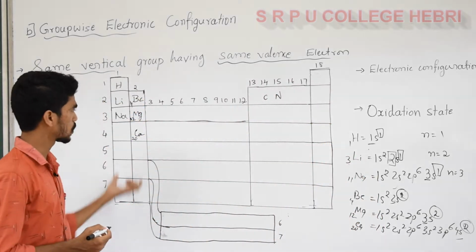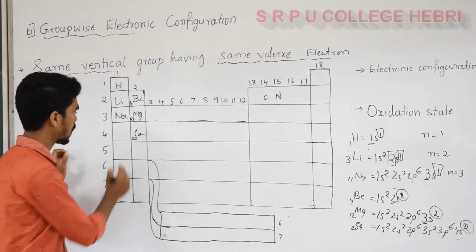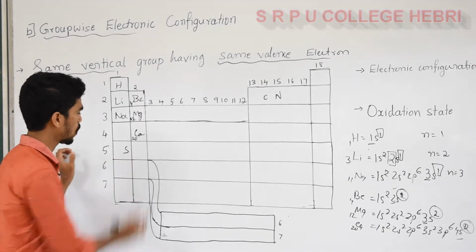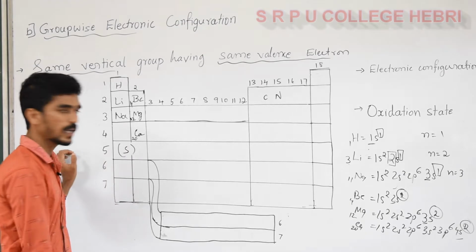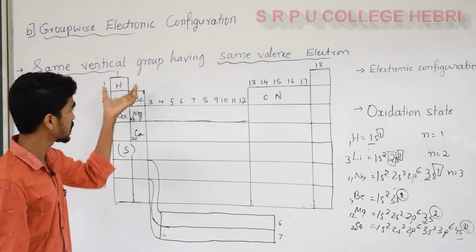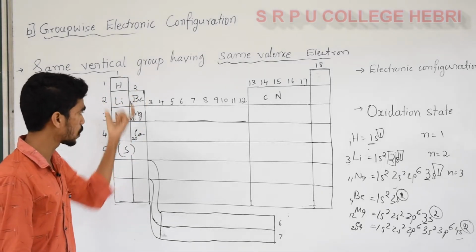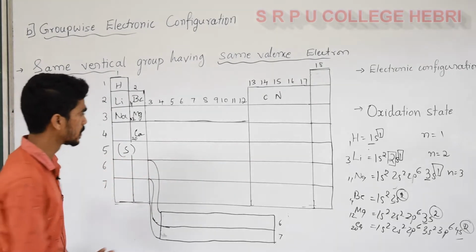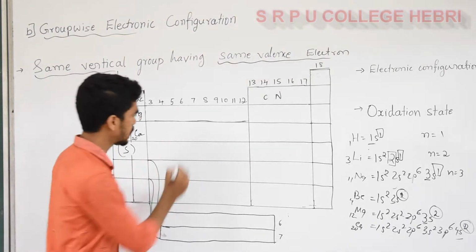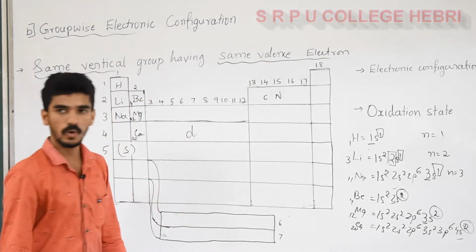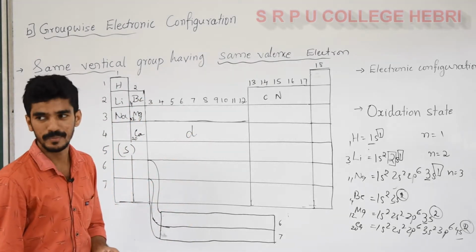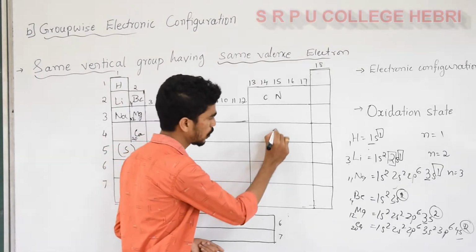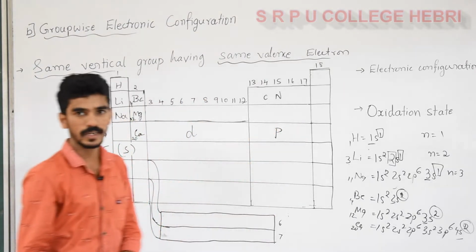These groups: this is the S block element. That means the entire first and second groups end with the s orbital, the ns orbitals. Then the middle one is the d orbitals, or d block elements, and the rightmost side is the p block.